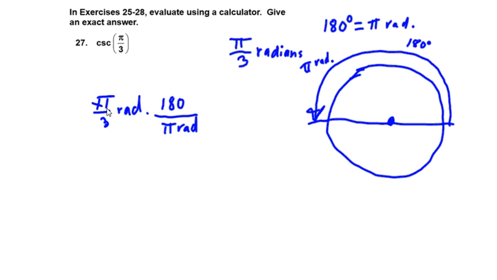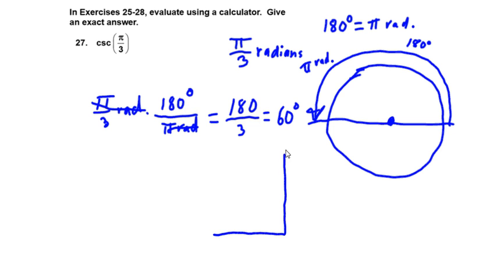Pi radians over pi radians cancel, so we get 180 degrees over 3, which equals 60 degrees. And for 60 degrees, we're talking about this type of angle here.